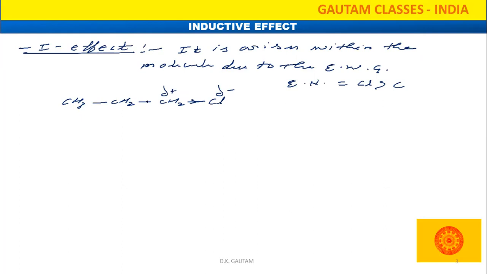But there is one order among the minus I effect groups, because it depends on the distance as well as on the molecule. So I'm going to write one order, and you have to keep this order in your mind.